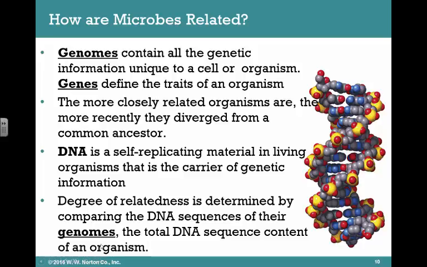So the basis of all disease boils down to what genes those microorganisms or microbial agents have. Really, the difference between those microorganisms that are harmful to us, that are pathogens, and those that are benign or beneficial to us is based in their genetic makeup.